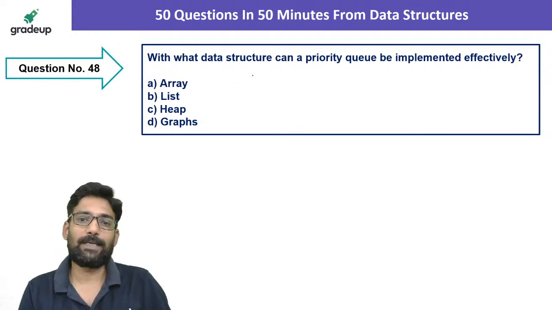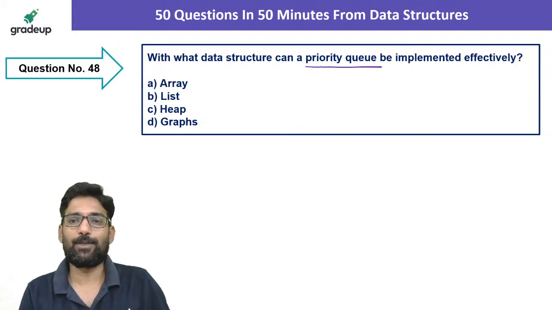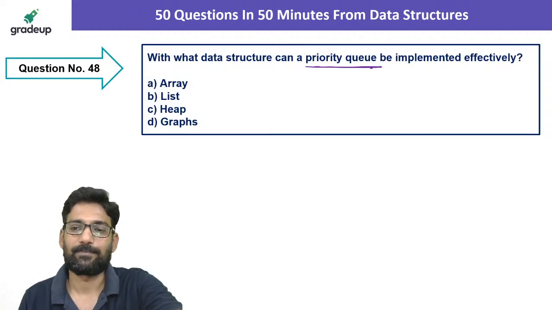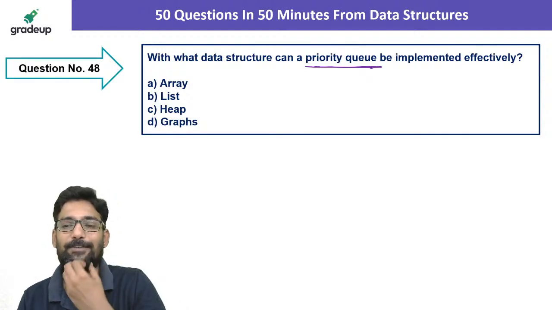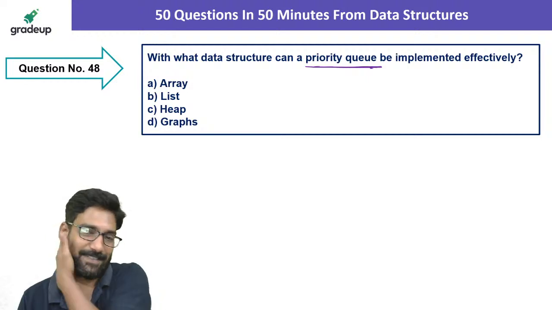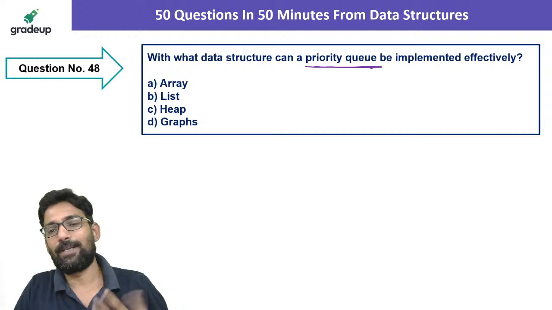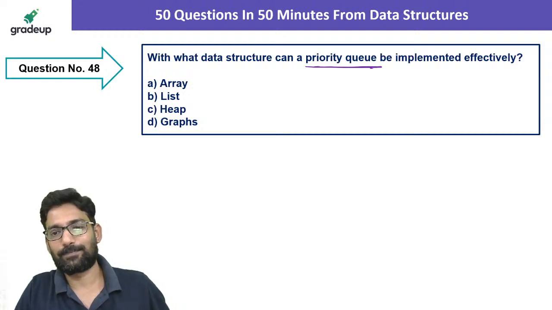With what data structure can a priority queue be implemented effectively? Priority queue. It is not repeated, Raja Rajput. A, B, C, D options are different. Priority queue is implemented with what?